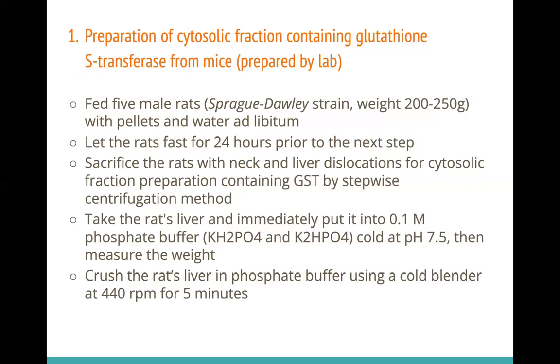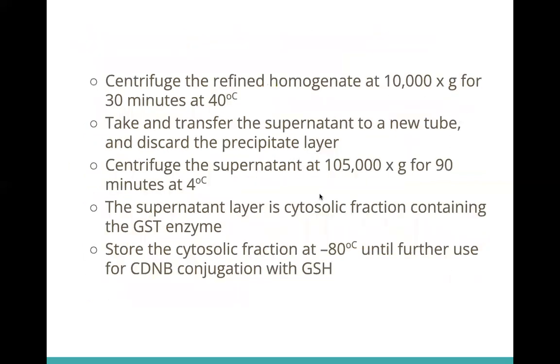And then after that, take the rat liver and immediately put it in cold phosphate buffer at pH 7, then measure the weight, and crush the rat liver in the phosphate buffer using a cold blender for 5 minutes. And after that, centrifuge the refined homogenate at 10,000 g for 30 minutes at 4 degrees.